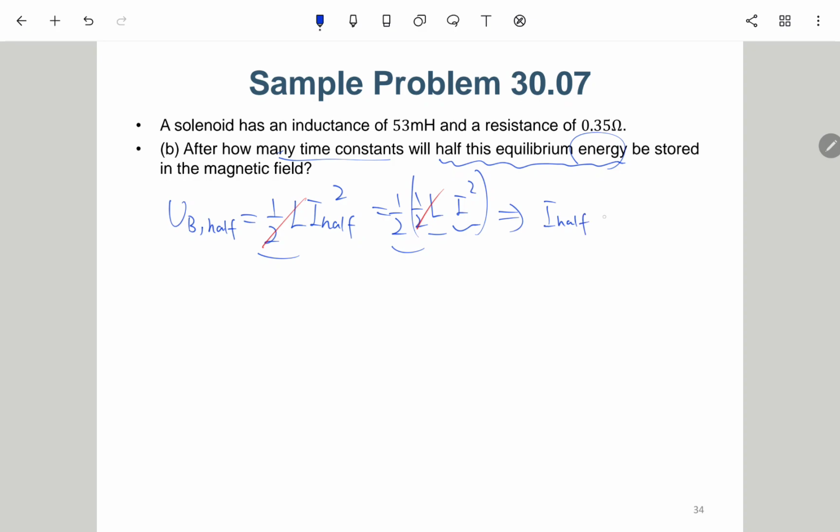So finally we can see that I/2 is actually the square root of 1/2, so this is not half of it. It's only 1/2 under the root, which is like 0.707.